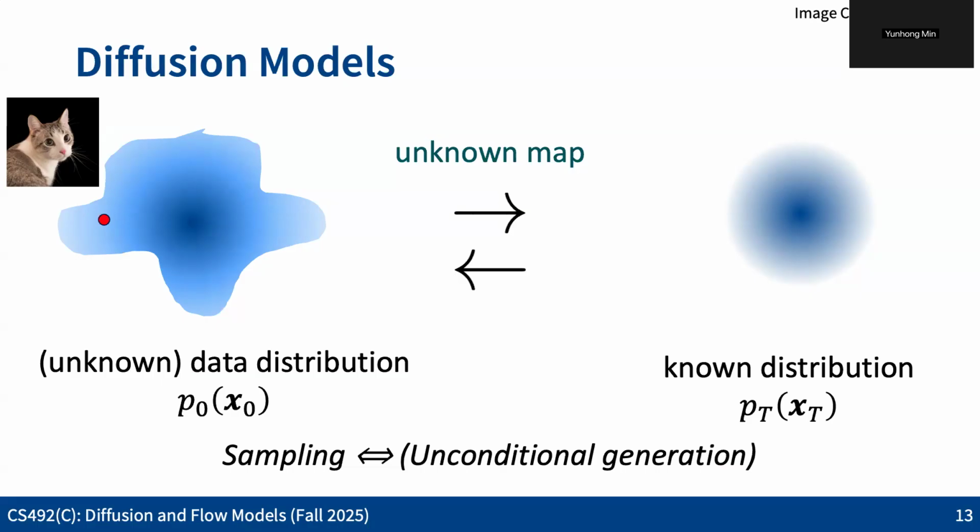So the time t starts from 0, from the data distribution, and through the forward diffusion process, we are mapping x0 all the way to capital T, x_T. So starting from the data distribution x0 and going to x_T. That was the convention that we used in the diffusion models.